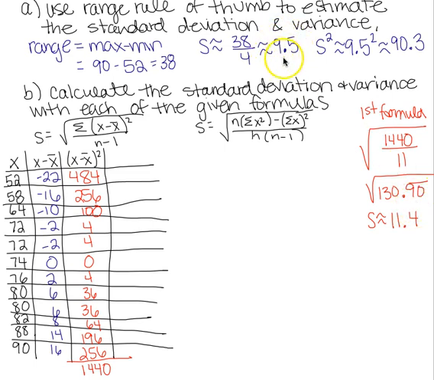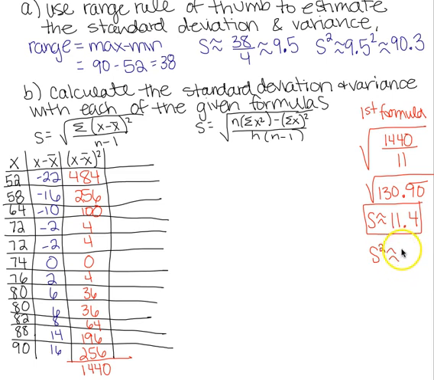Now notice that that's a bit different from what we got when we used the range rule of thumb. So this is our sample standard deviation, which means then that when I take that, and again, you don't want to round the 11.4 to find the s squared. Just press the squared button in your calculator, and that way it'll be a little more accurate.